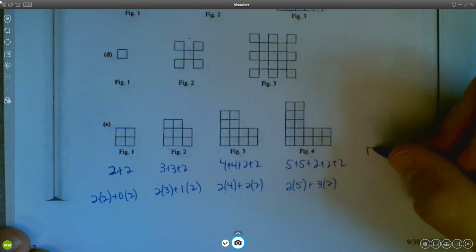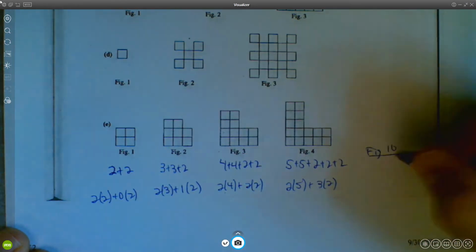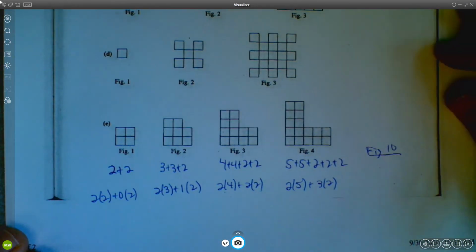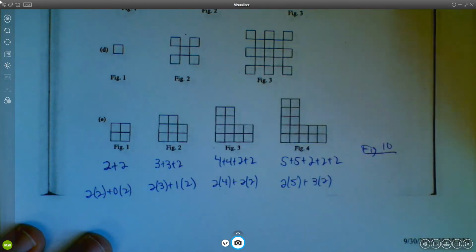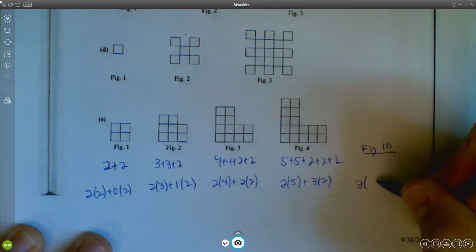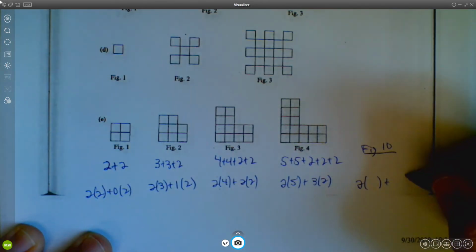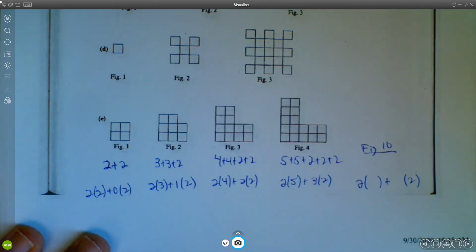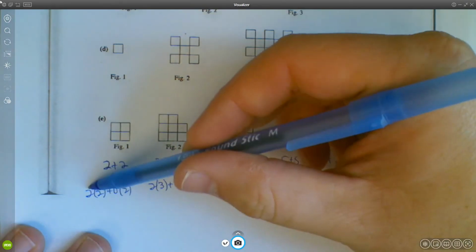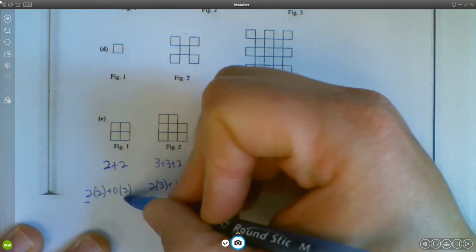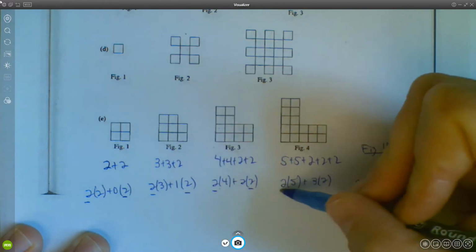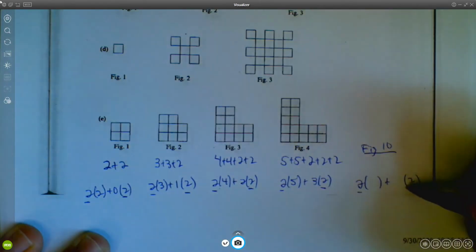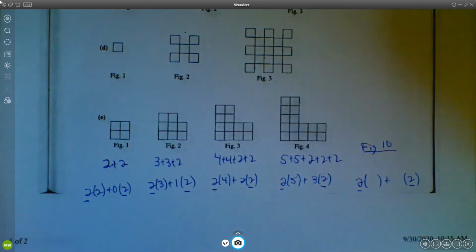If I think about what figure 10 would be in this lineup, in terms of the multiplication, it's going to be 2 times something plus something times 2, because the two 2's remain the same in each figure. The question is what should go in here.